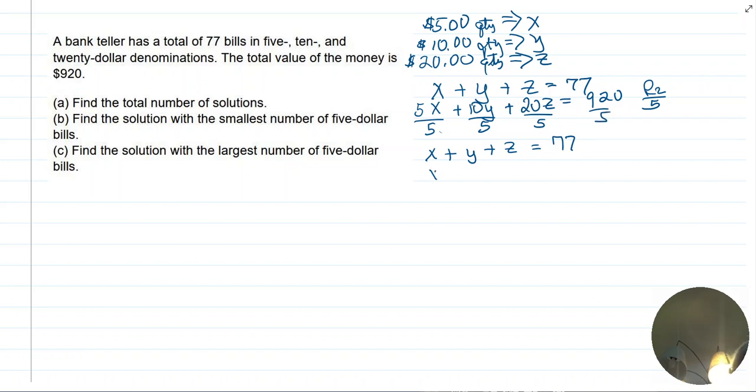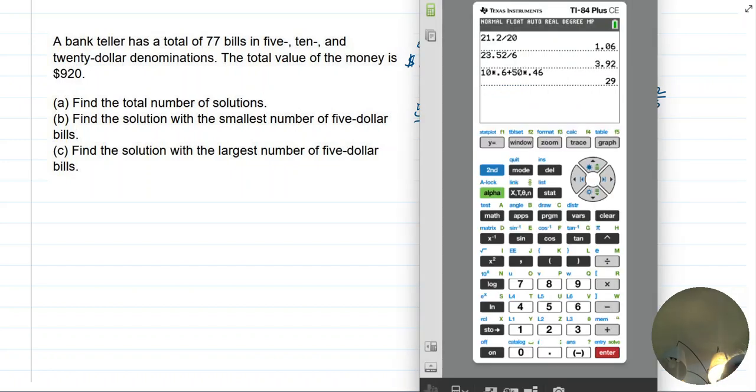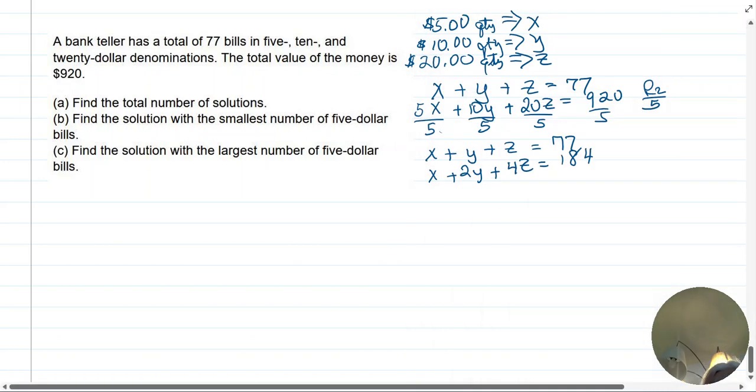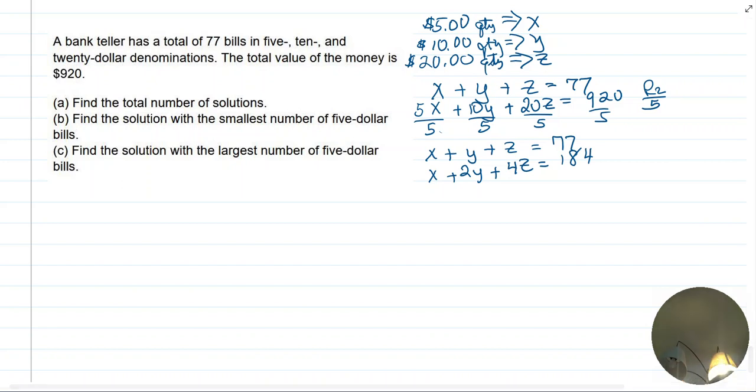I'm going to have x plus 2y plus 4z equal to 184. Okay, let me do that on the calculator: 920 divided by 5 is 184. Okay, making sure.